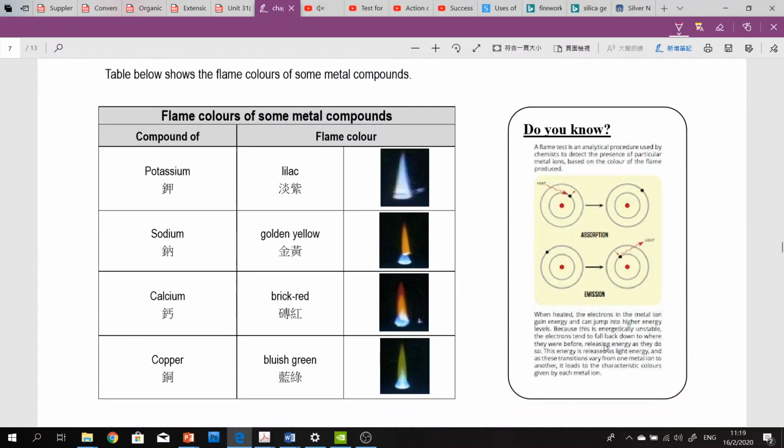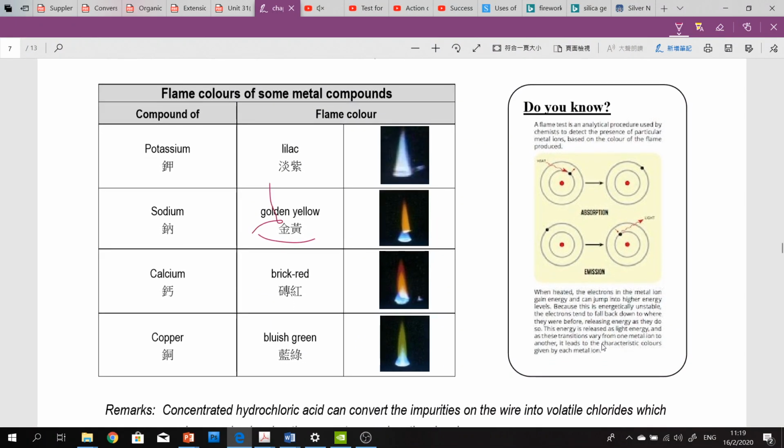For sodium chloride, what we are looking for is something golden yellow. So what is that golden yellow flame? Well, if you walk along the street, you may see the orange street lamp. That is exactly the color of this.